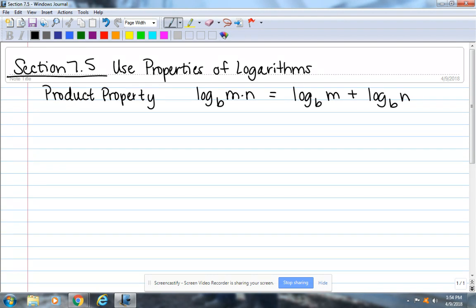Okay? So quotient property. What's a quotient? What does quotient mean? The result of what? Division. So if I take two things with the same base and take the log of them and they're divided, well, what did we do with the exponents when we divided two things with the same base?